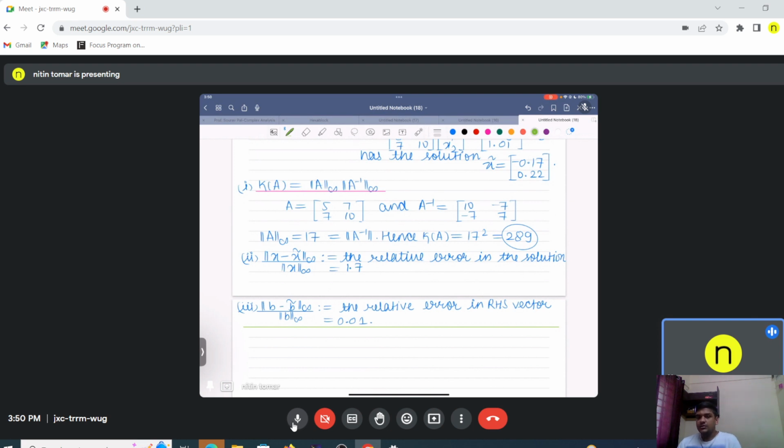As expected, we should have a high condition number, and in this case the condition number is 289. The condition number in this sense measures the change in the solution of the system when you change your right hand side vector.